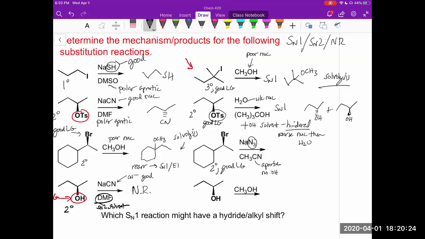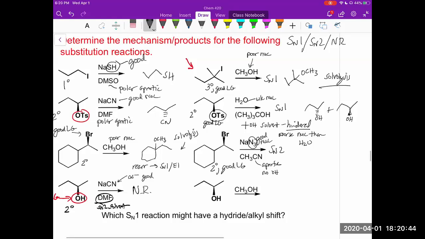Yeah, it's a weak base, but it's a pretty good nucleophile. So I've got secondary, good leaving group, aprotic solvent, good nucleophile. What's my mechanism? SN2. Everything points to SN2, and it's going to have an inversion of stereochemistry.